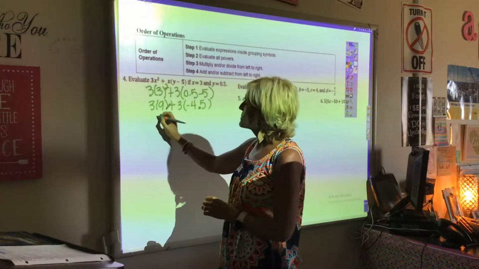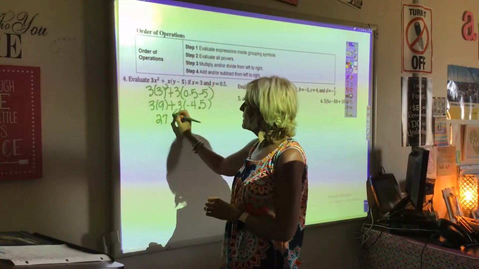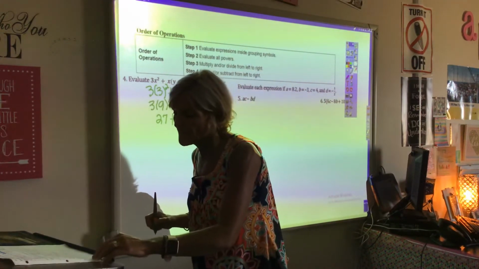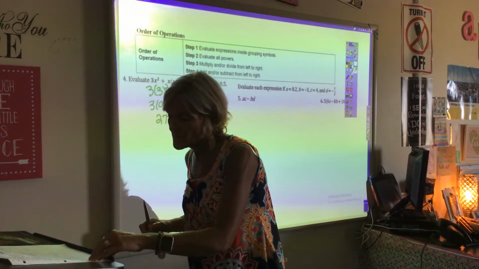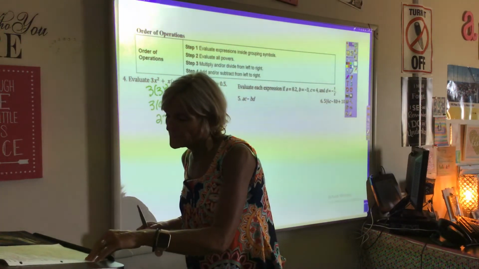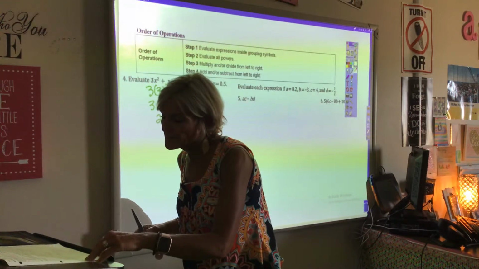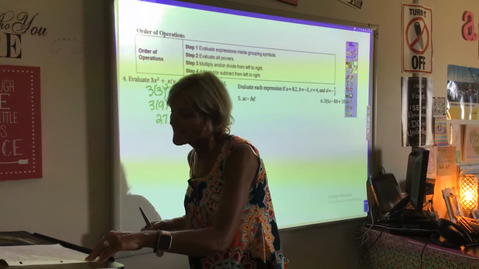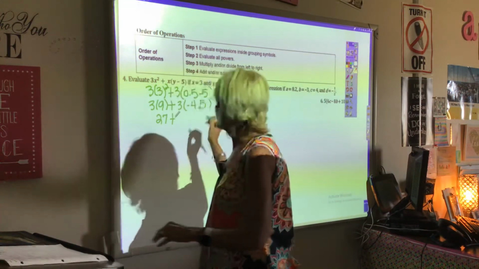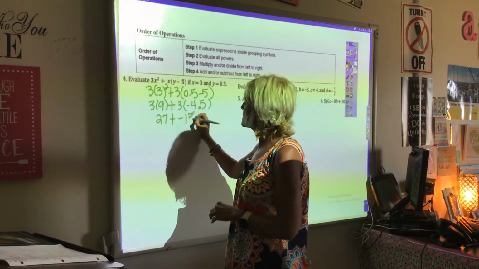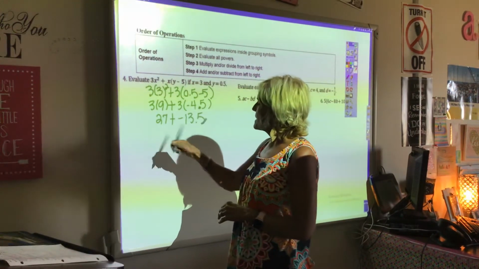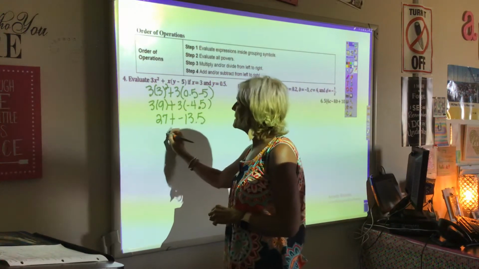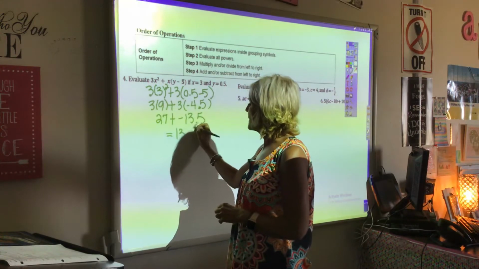So we can simplify that to 27 plus 3 times negative 4.5, which is going to be negative 13.5. So plus a negative 13.5. 27 plus a negative 13.5, or 27 minus 13.5 equals 13.5.